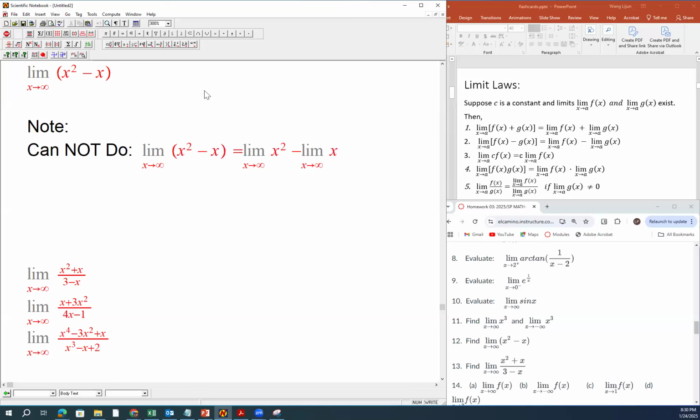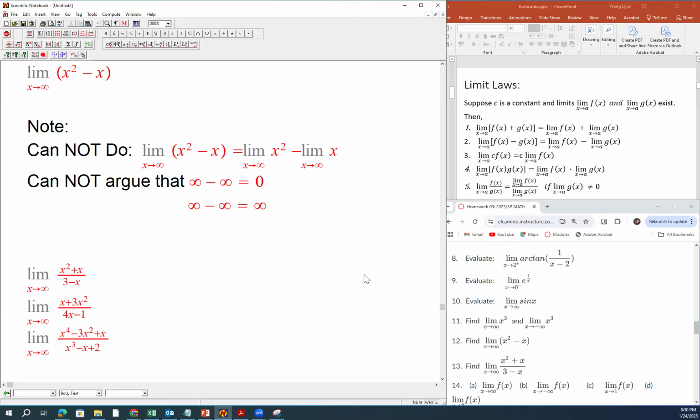And what can we do? We also cannot argue that infinity minus infinity is 0, and we cannot argue that infinity minus infinity is going to be infinity, because it's uncertain.